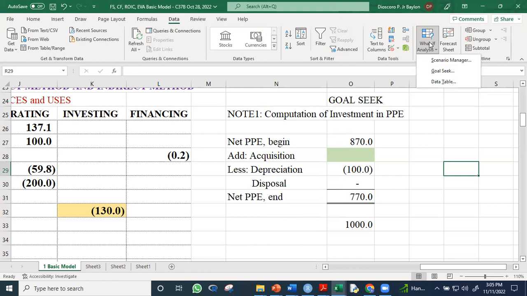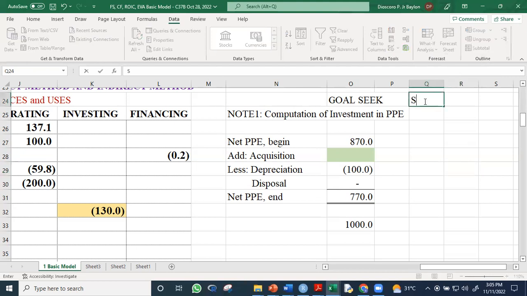This is called also, anyone? What's another name for this? The what if analysis. It's called letter S. Experimental. Thank you, Raf, but it starts with letter S. S and then E.